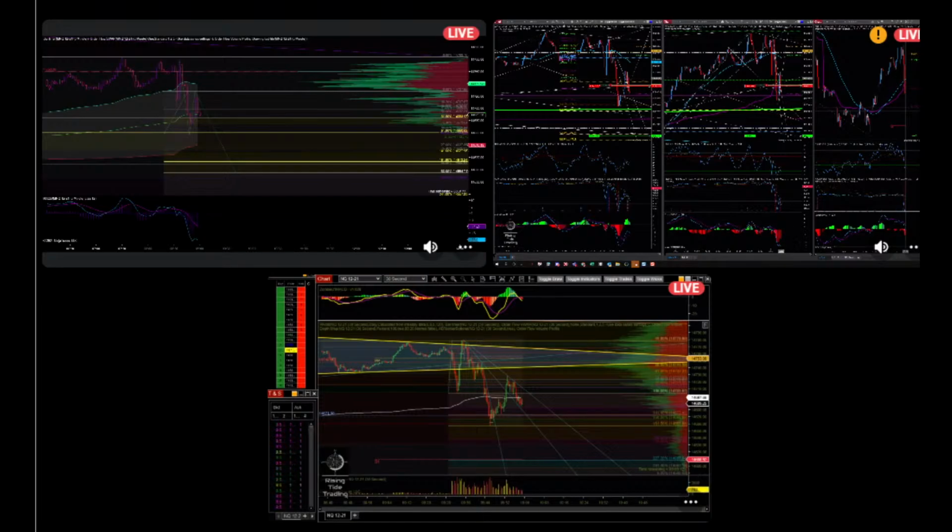Crazy price action here. As fast as it's moving, I'm going to move my stop a couple more ticks to cover slippage. So I think it'll slip a little bit if it gets hit.